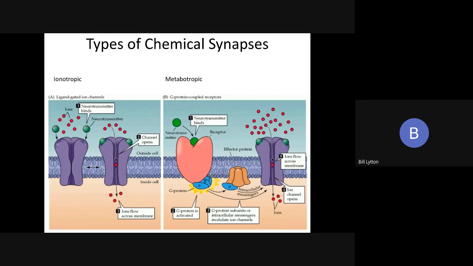Versus, on the right, the metabotropic, which can then secondarily give connectivity to an ionotropic, something that will give ion passage. Interestingly, a lot of these effects may be on the constituent voltage-sensitive ion channels of the membrane.